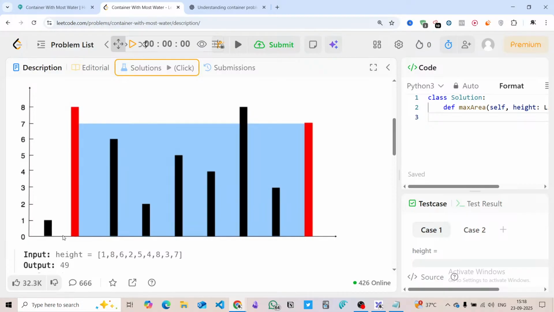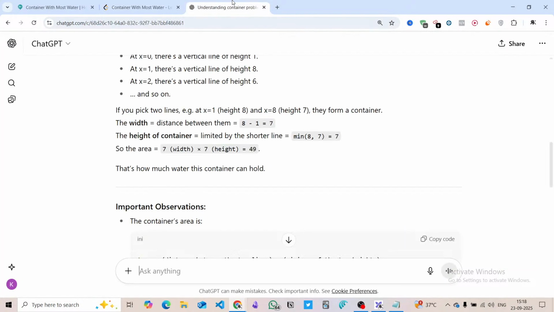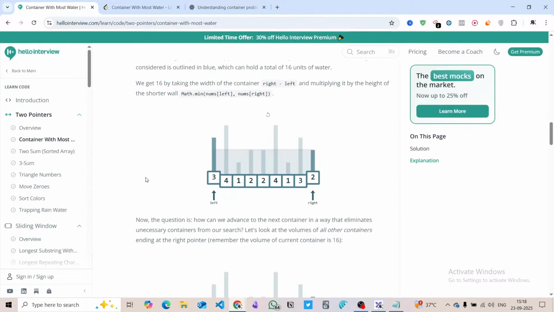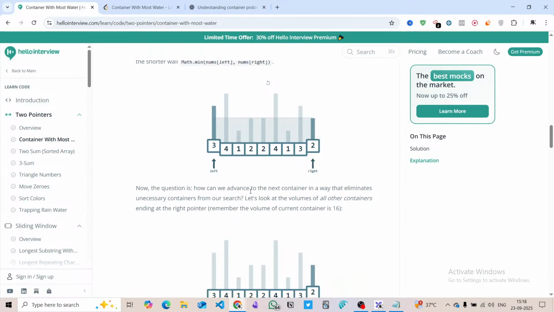So one is the height, and then to find the width, we are doing this. Advance to the next container in width, eliminating unnecessary containers.